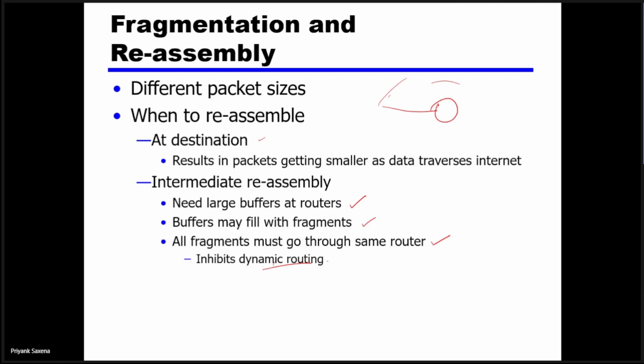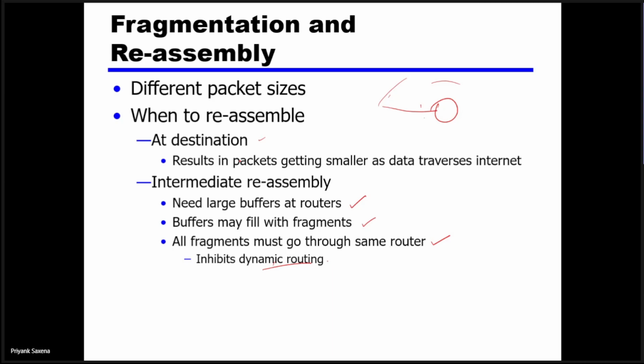And you require a larger buffer at each router, and buffers may fill with fragments. So intermediate reassembly is not advised, though the packets get smaller while they move through the network to the destination. But there are provisions for all this, right?